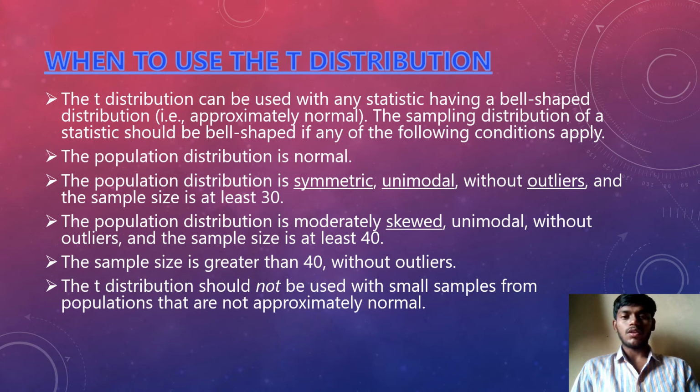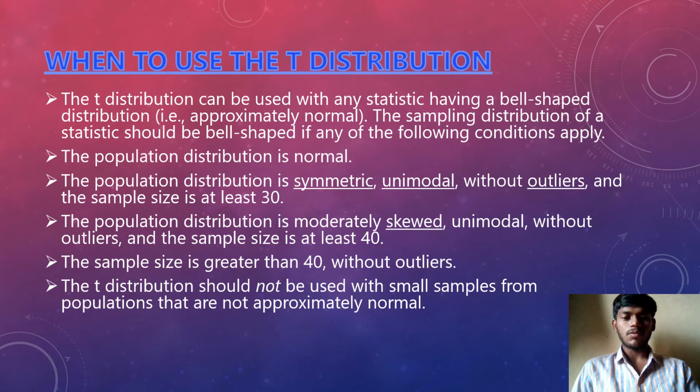When to use the t-distribution? The t-distribution can be used with any statistic having a bell-shaped distribution that is approximately normal. The sampling distribution of the statistic should be bell-shaped if any of the following conditions apply. The population distribution is normal.